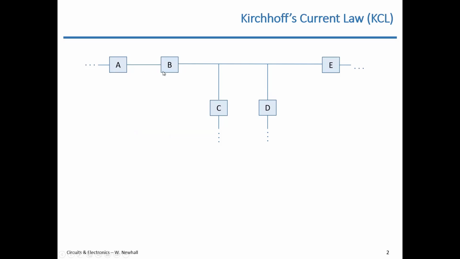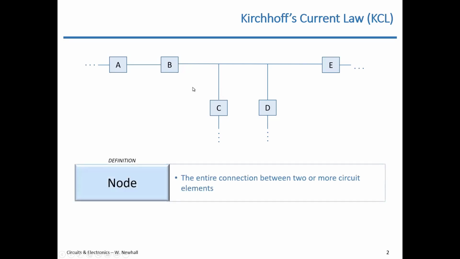So here's a circuit, and I have my fictional circuit elements A through E. Doesn't matter what they are. Kirchhoff's current law applies to any components that are these circuit elements. And so to talk about Kirchhoff's current law, we have to define the concept of a node.